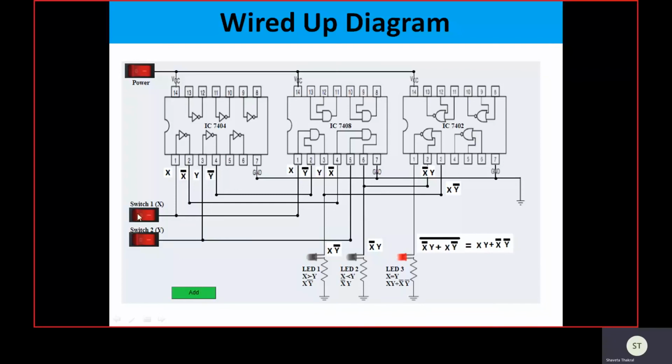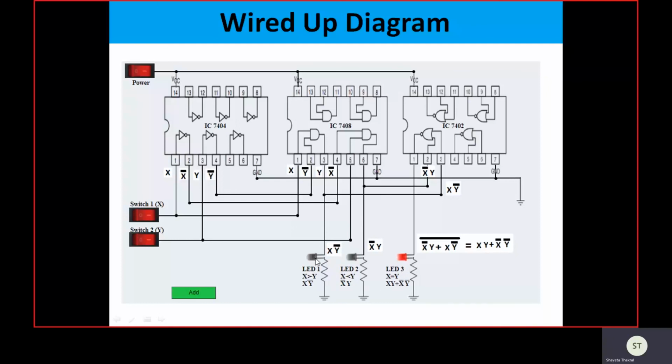So here we have switches to change the combination of X and Y. We can have four types of combinations: both can be 0 0, or 0 1, or 1 0, or 1 1, and this is the power supply of 5 volts. With the help of this wired up diagram we can perform this experiment, and we have connected three LEDs to see which particular LED glows at a particular time, and the decision will be in favor of that particular LED.